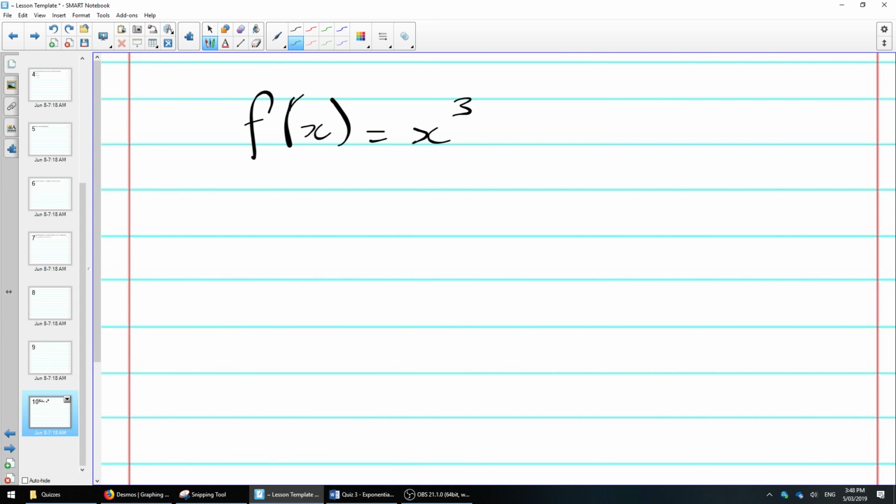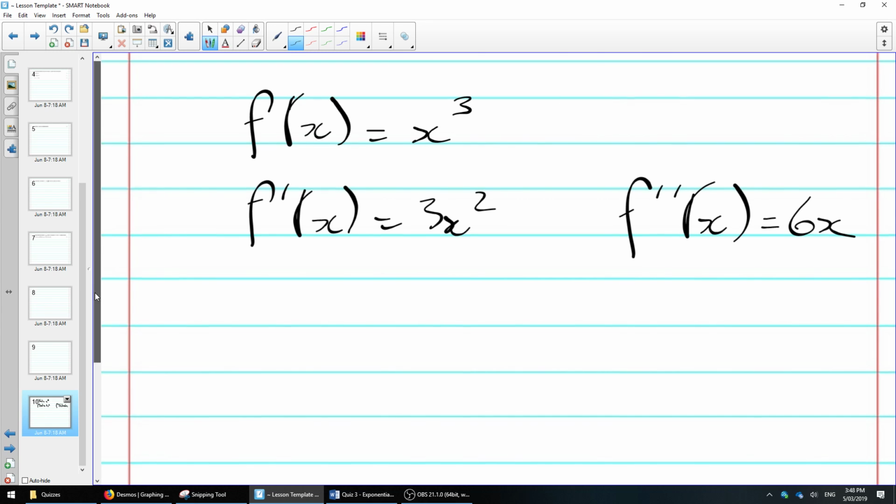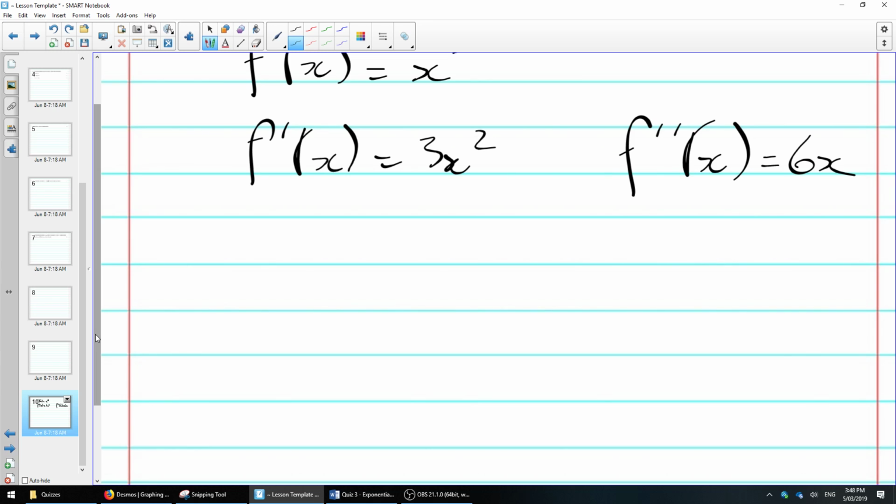So to find the stationary point, first of all find f dash x, and that equals 3x squared. And I might as well just find the second derivative because we're going to use that in a second. So that needs to be 6x. Cool. To make that equal 0, obviously x needs to equal 0.